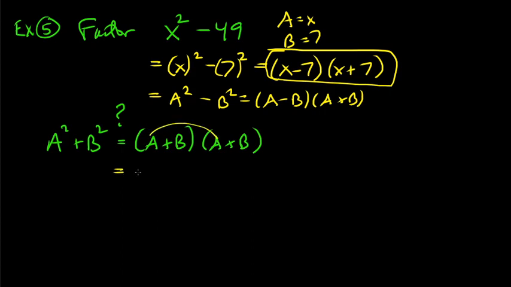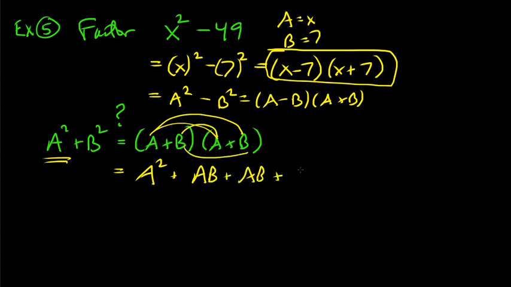So a times a is a squared. Okay, so far so good. But then we have a times b, right? Remember, you have to FOIL, plus b times a, which is also a times b. And then we get the b squared. So we do get a squared and b squared. But we also get 2ab in the middle here.